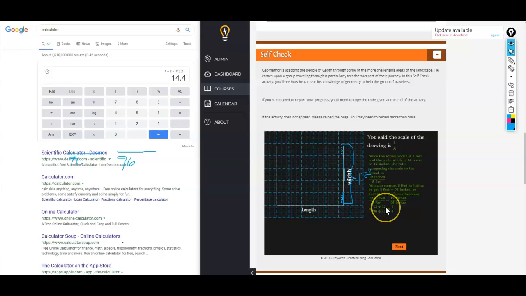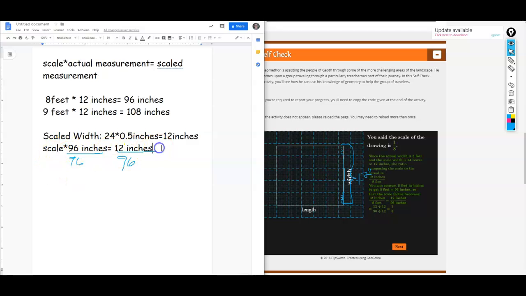They reduced it right here instead of using a calculator, and that's how they got 1/8. So I'm just going to use that the scale is equal to 12 divided by 96, which equals 1/8 of an inch. So now let's move on.